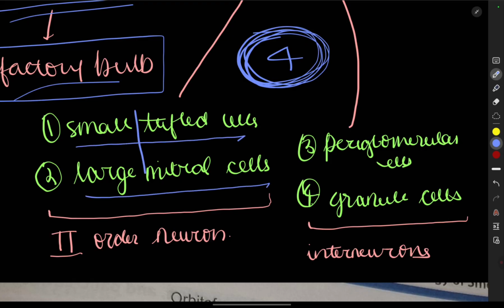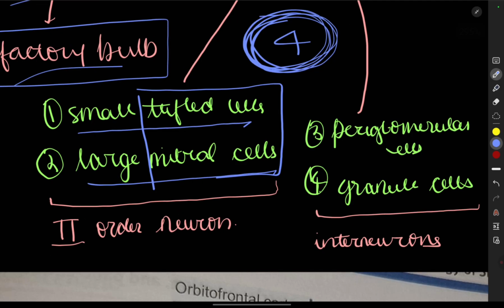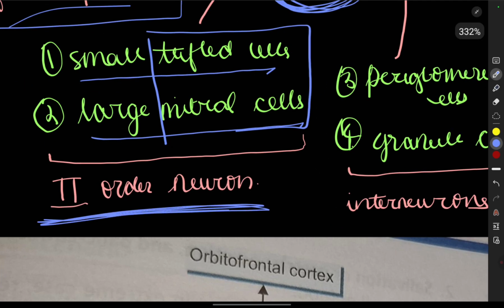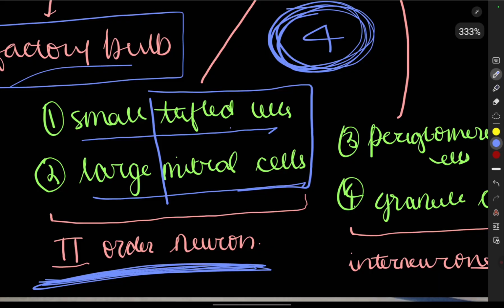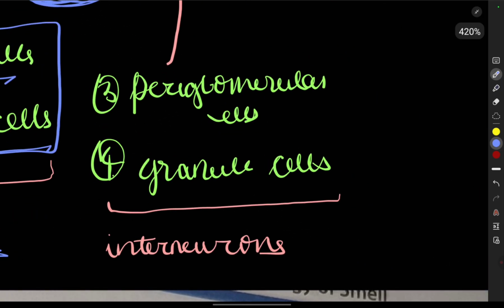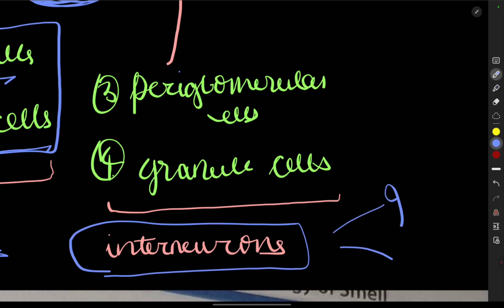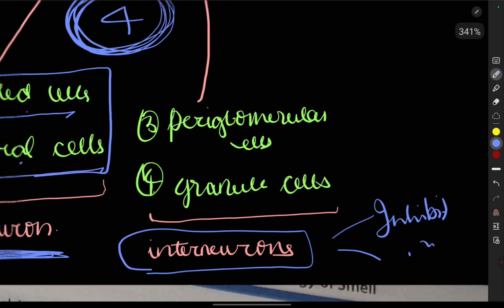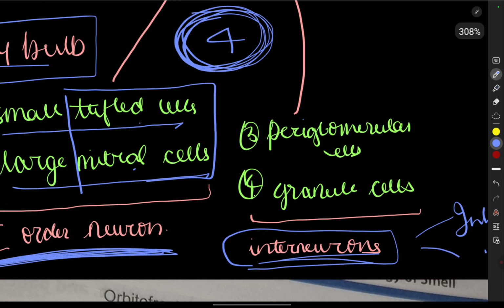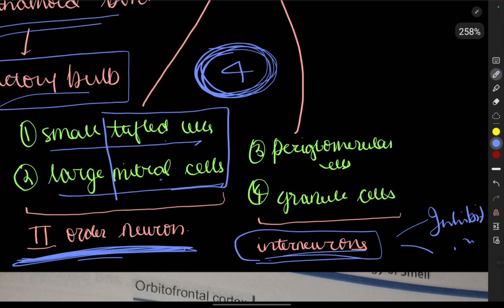You can just remember tufted cells and mitral cells. The periglomerular cells and the granule cells are the interneurons which help in inhibition. So these are the second order neurons and these are the interneurons.